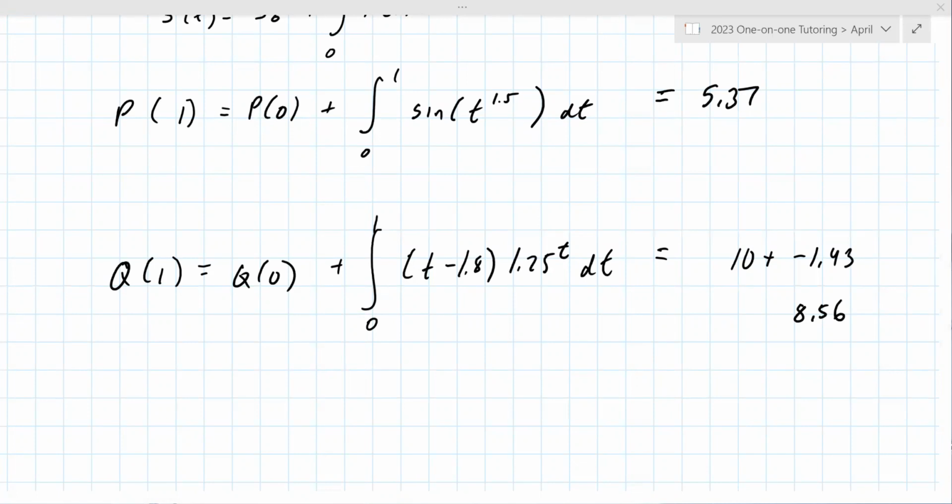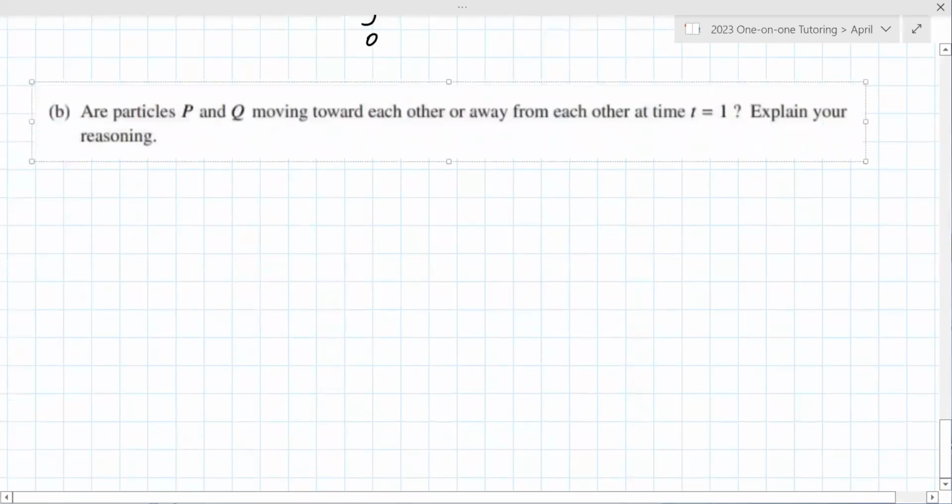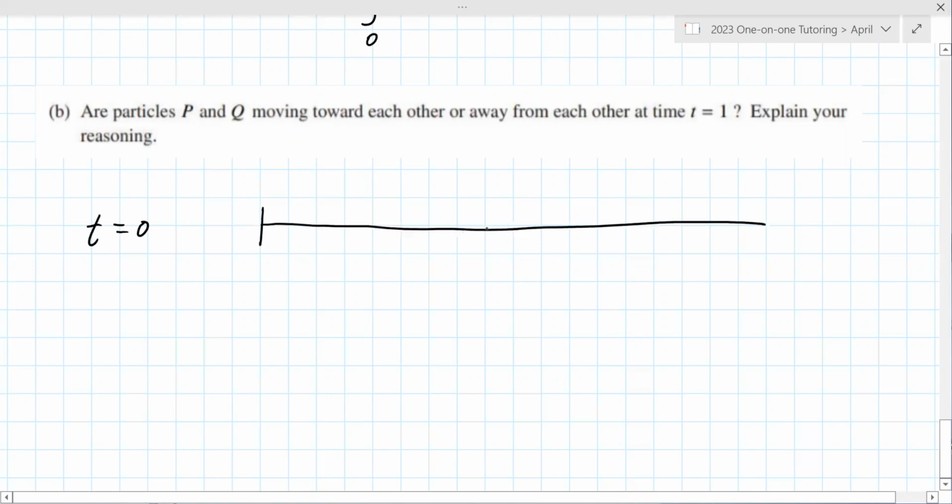Okay. All right, that's what we're doing here in part B. Are our particles P and Q moving toward each other at time t equals 1? So we have to start at t equals 0 and look at what's happening. At t equals 0, P is at 5 and Q is at 10.